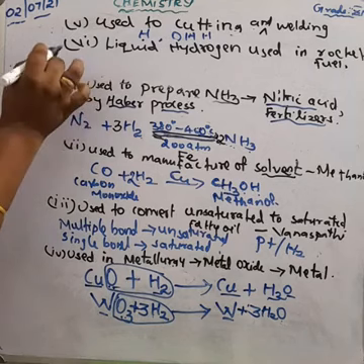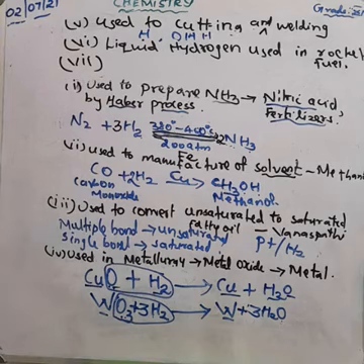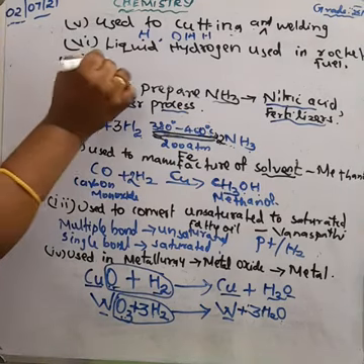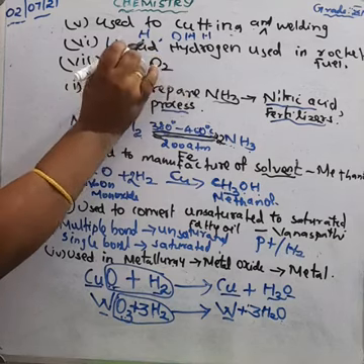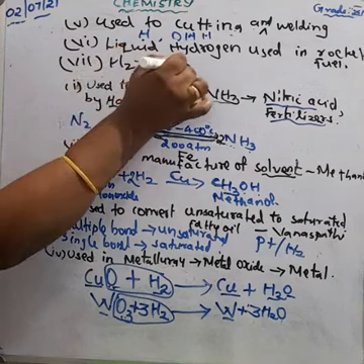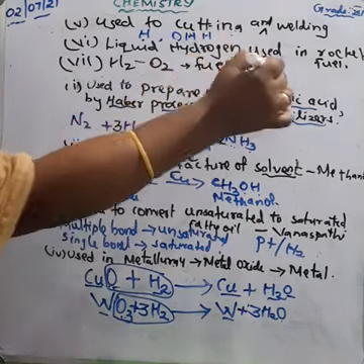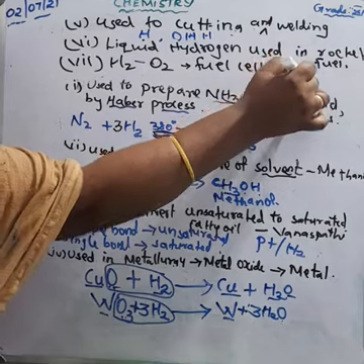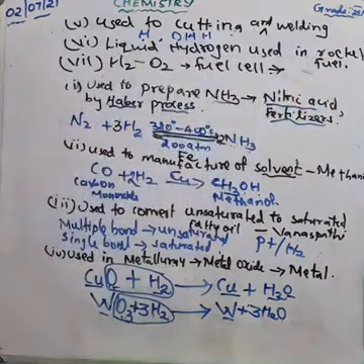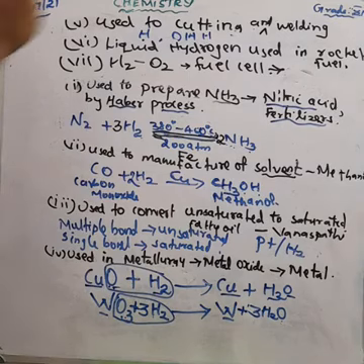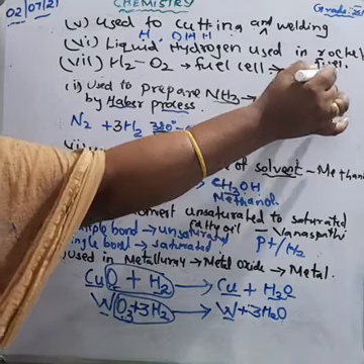What is the seventh use? Hydrogen is used in fuel cells to generate electricity. We studied that in the last class: when hydrogen combines with oxygen to form water, this reaction is very explosive and we can get a lot of energy.